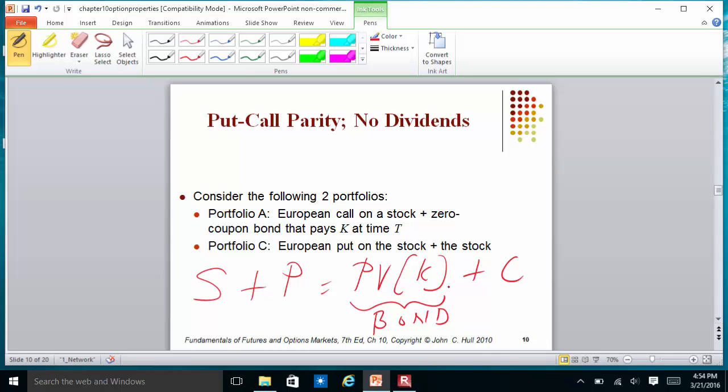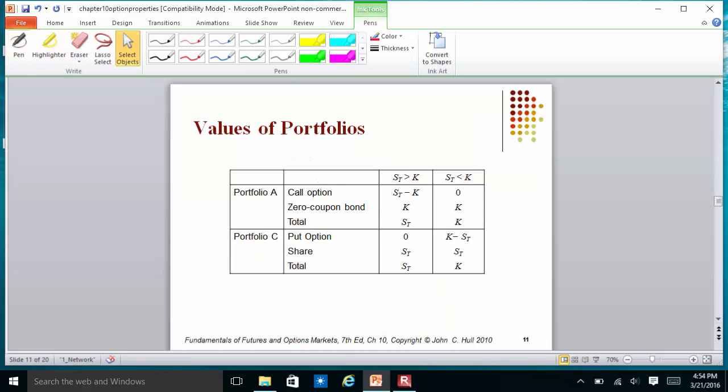One thing we want to make sure is that for both the call and the put, all of them have the same strike, the same K, and the same maturity. So we are talking about the call and the put on the same stock with the same strike price and the same maturity. And here it tells you that stock plus put is equal to the present value of the strike price plus the call price.